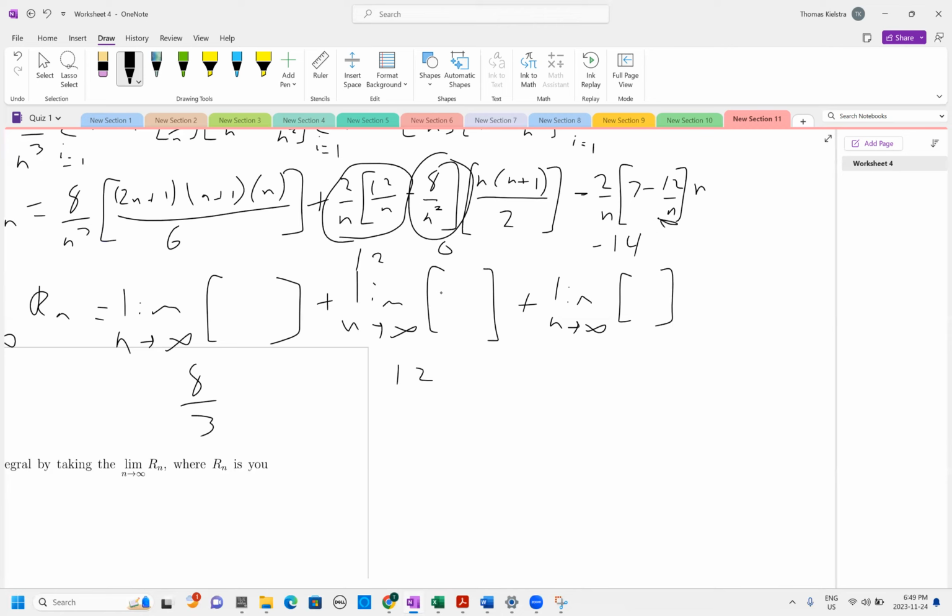Whereas this piece here, when we expand everything over, it's also going to give us a limit of 0. So we're going to get 8 over 3 plus 12 minus 14, which equals 8 over 3 minus 2, which equals 2/3.